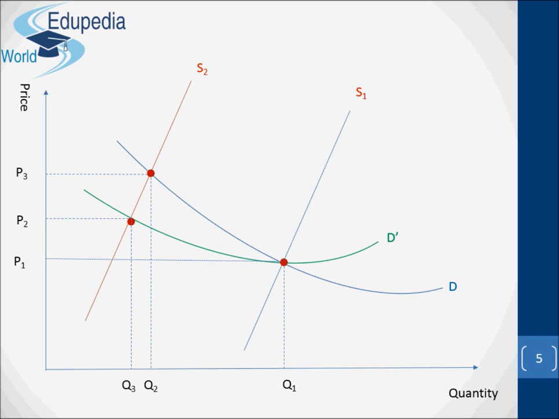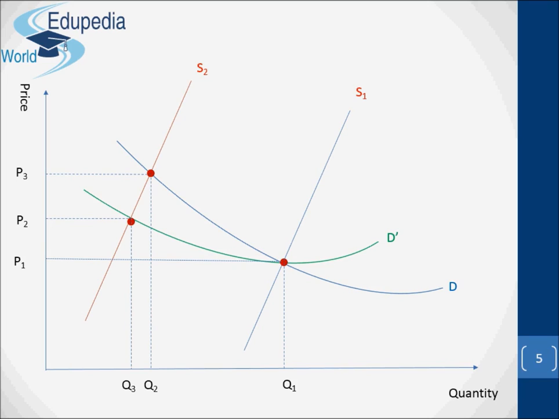In other words, for any given change in price, there will be a larger change in quantity demanded along curve D' than along curve D. Assume that initially the supply curve is S1 and that it intersects with both demand curves at point A at a price of P1 and a quantity of Q1.